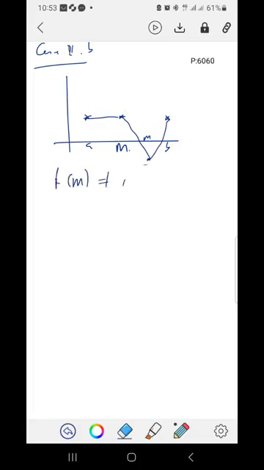Even if M were at the same height as A and B, small m can be lower than all of them, so we will still have a dip, because f of big M in this case is not the same as f of little m. So let's consider this case.